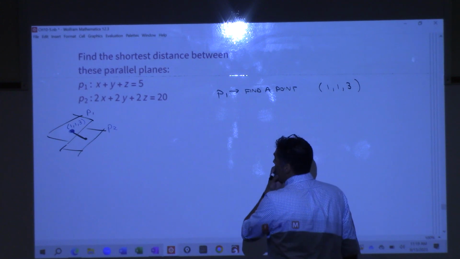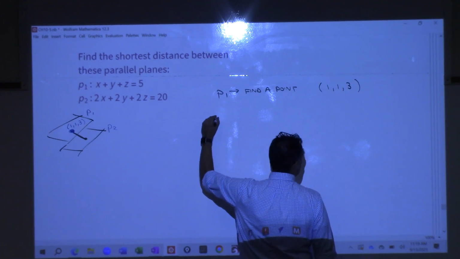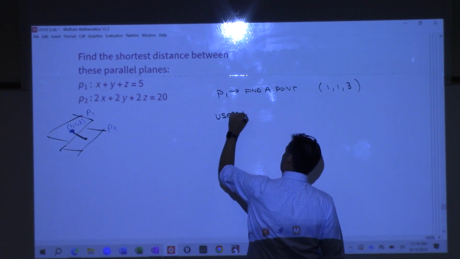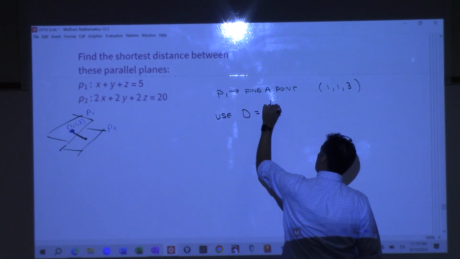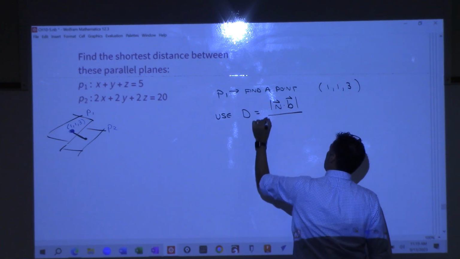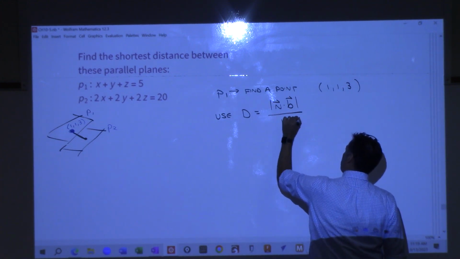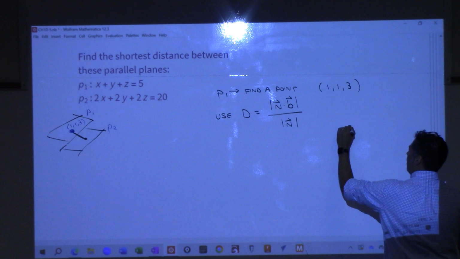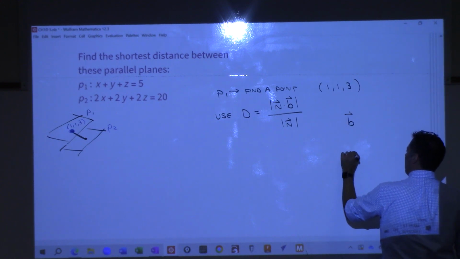So what we need to do now is use the fact that D will be the normal dotted with B, absolute value of that, over the magnitude of the normal. Now, we need to be clear on what we mean by B here, what's B and what's n.